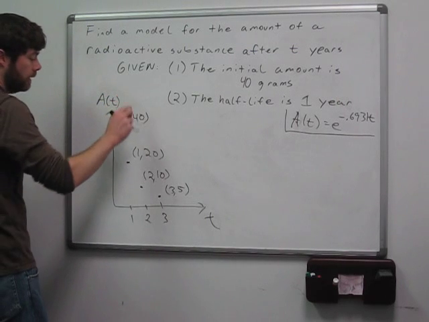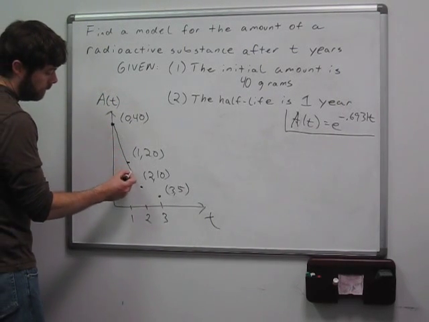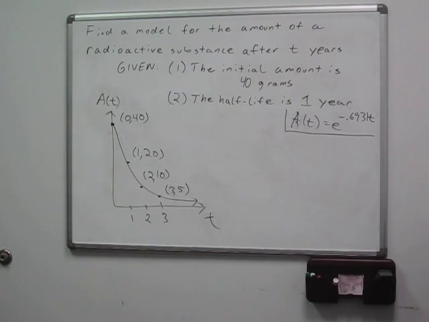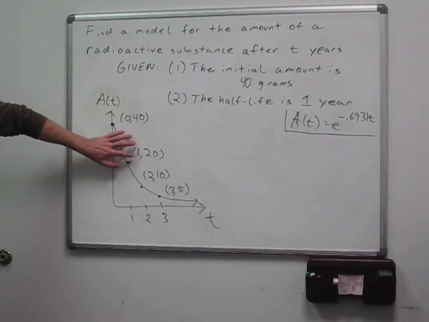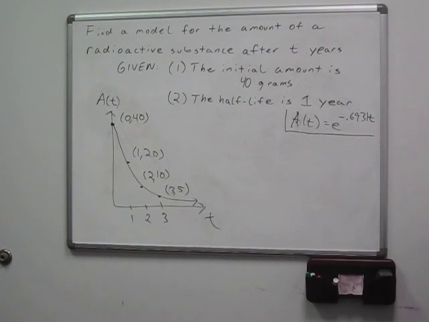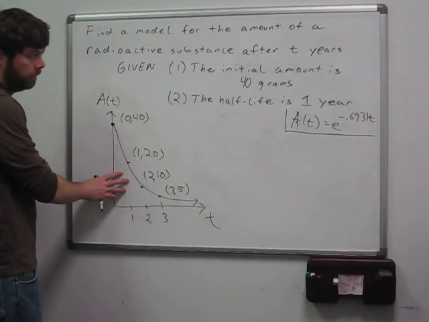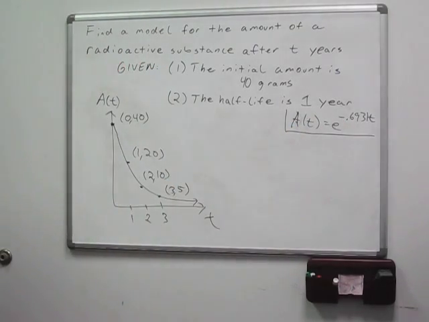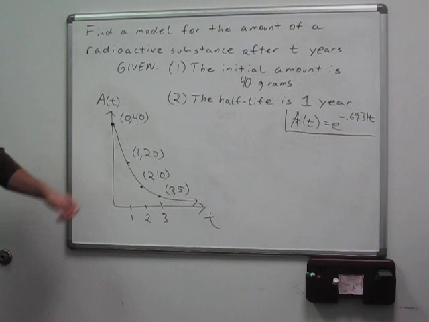So given these conditions, the model for the exponential decay passes through these points, and much like the discussion in exponential growth, this model here is similar to this model, except all the y values have been multiplied by 40.